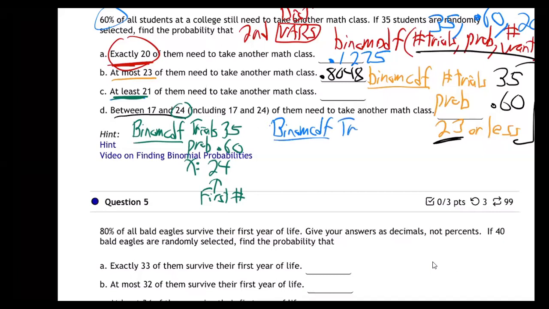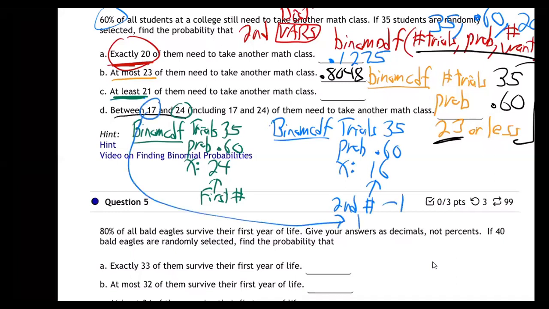And again, trials is 35 and probability is 0.60. The X now is going to be 16. It's the second number minus 1. See how I grabbed that? Second number, 17 minus 1 is 16.